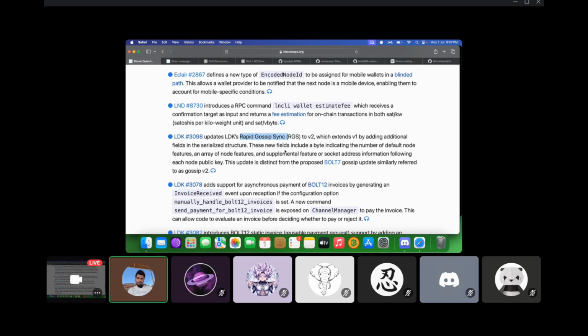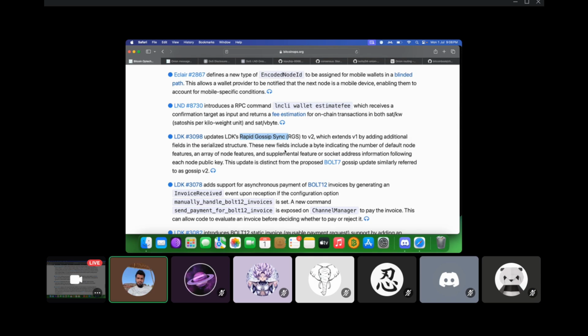Even when your Bitcoin node goes offline, there's no centralized server to which it can query, right? It generally queries its peers. It establishes connections with its peers, and then it queries its peers to get in sync with the blockchain. And your Lightning node does the same thing. It queries its peers and then gets in sync with the channel graph or the Lightning graph network.